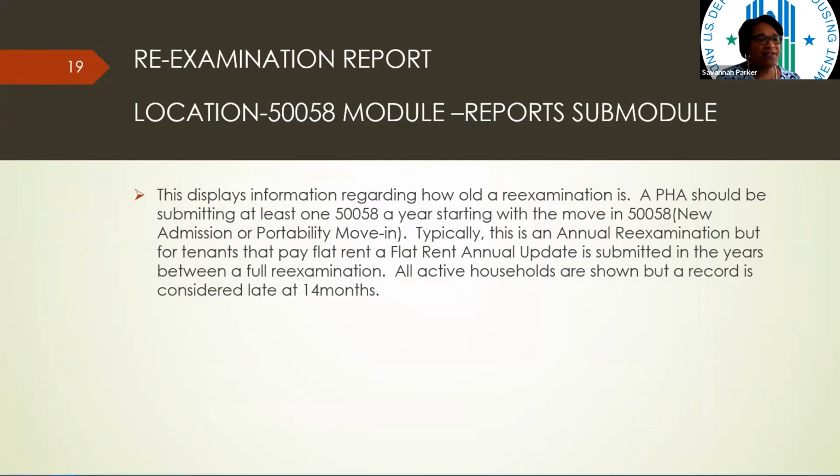It shows every household that's due for a reexam, but starting with the first one, the ones that are most delinquent. And like I say, the 14-month or more delinquencies are reflected in your delinquency report, and those start counting against you.